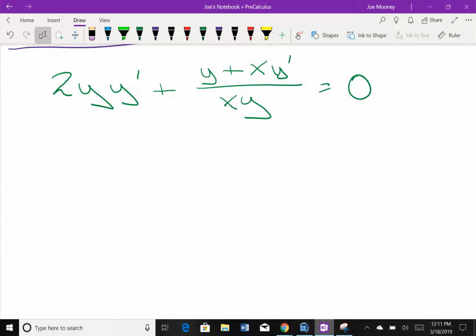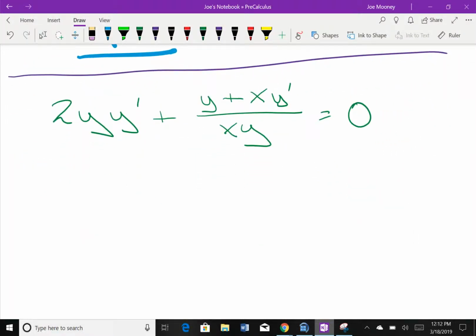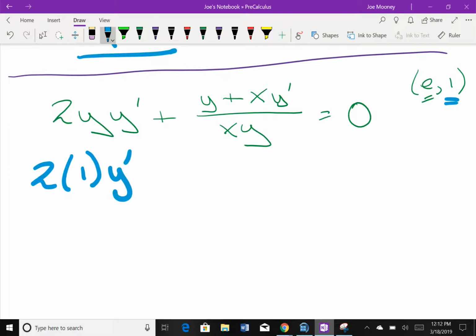Then we want to find the equation of the tangent line at the point (e, 1). So we're going to plug that point in and figure out the slope of the tangent line at that point. 2 times my y, which I see to be 1, multiplied by y prime.